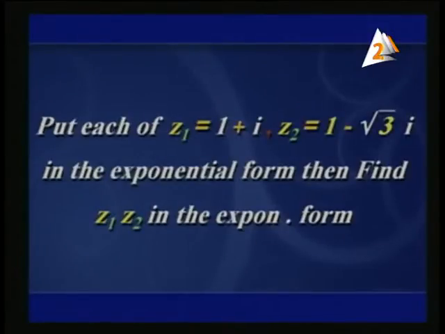Put each of z1 equals 1 plus i and z2 equals 1 minus root 3 i in the exponential form, then find z1 z2 in the exponential form.